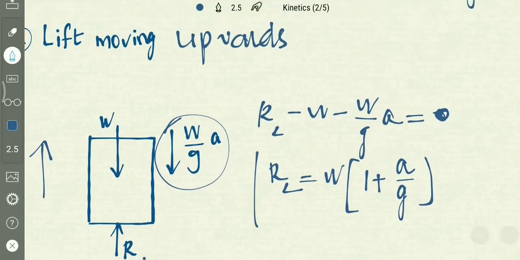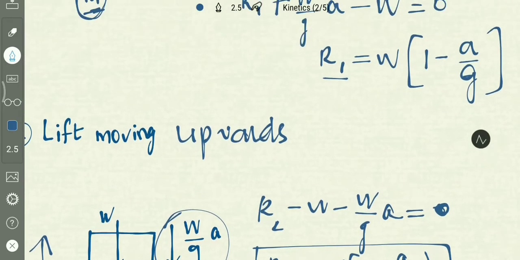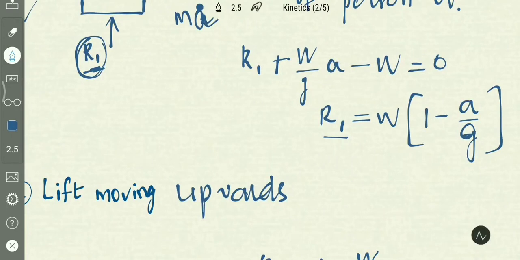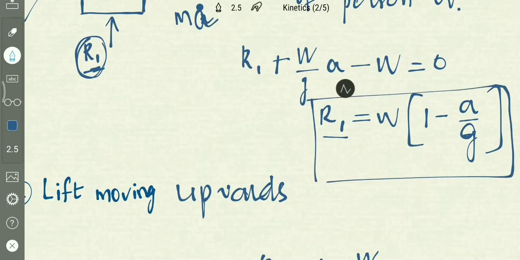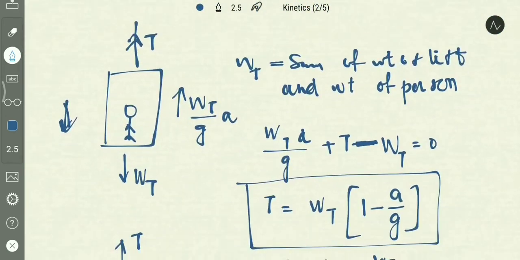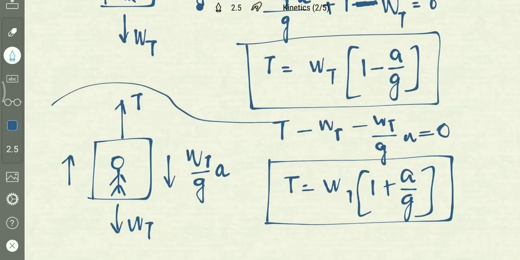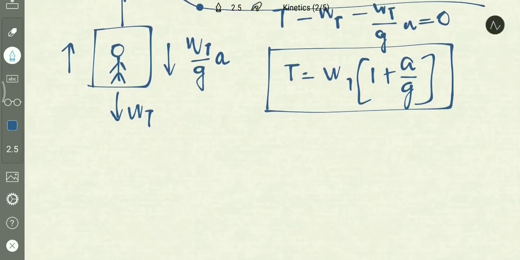So this is the reaction of the surface on the person when it is moving upwards, and the reaction of the surface when it is moving downwards. So this is downwards, and this is upwards.